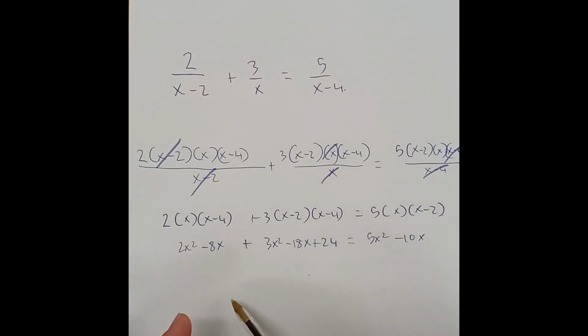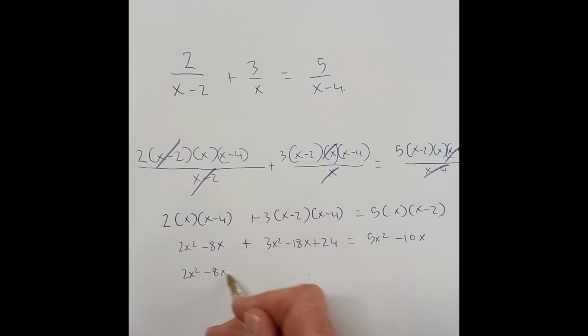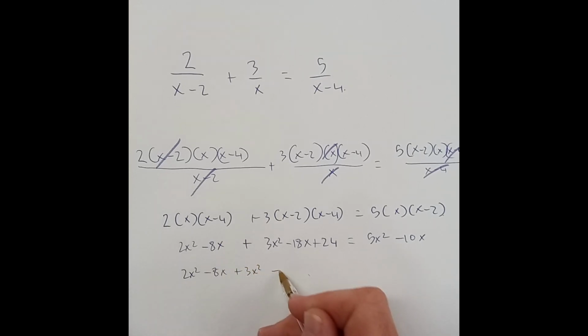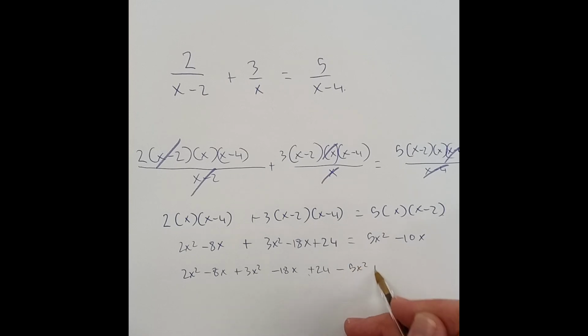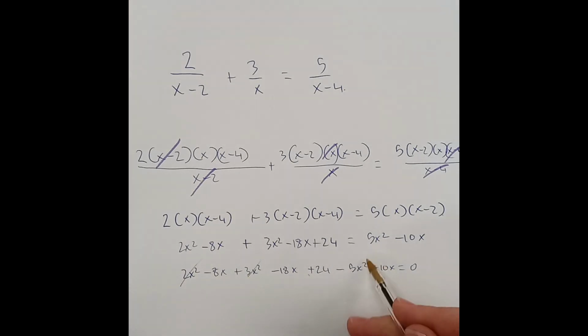And again, get everything together now. Bring it all together: 2x squared minus 8x plus 3x squared minus 18x plus 24 minus 5x squared plus 10x equal to 0. And we can start cancelling. 2 and 3 is 5, take away 5, that's gone.